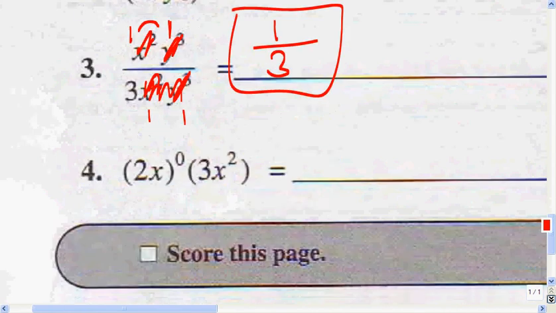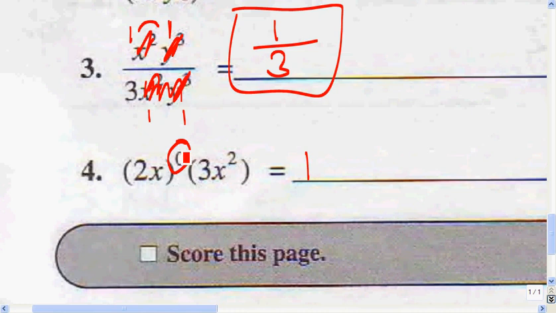Okay. A rule: whenever your exponent is 0, that automatically makes whatever your number is, whatever your variable or whatever it is that is raised to the 0 exponent, 1. So 2x to the 0 exponent equals 1. So 1 times 3x squared equals 3x squared.